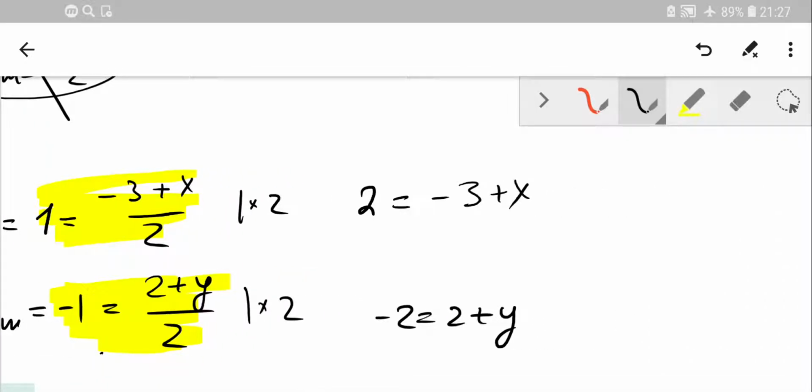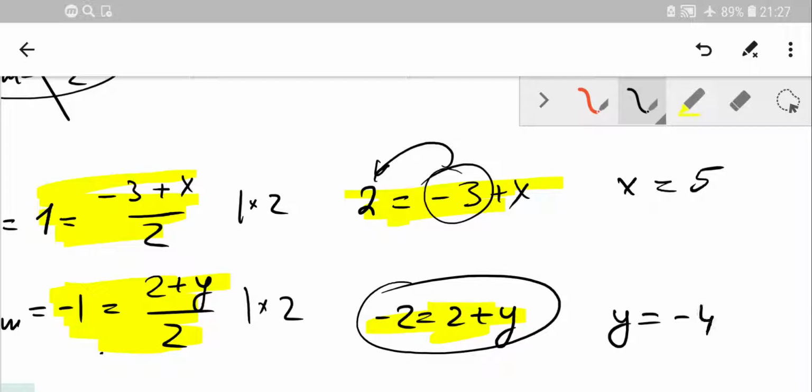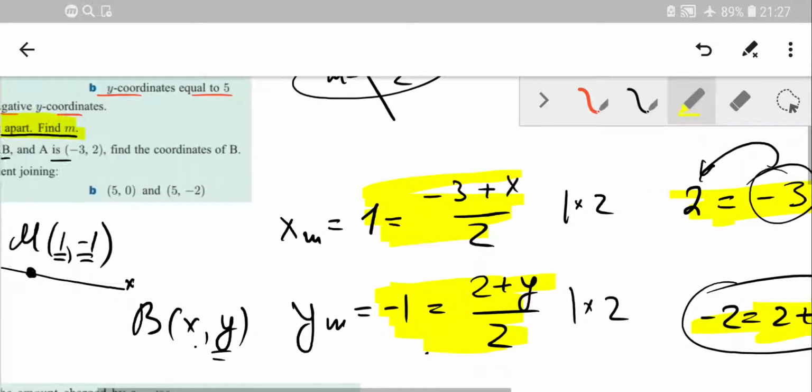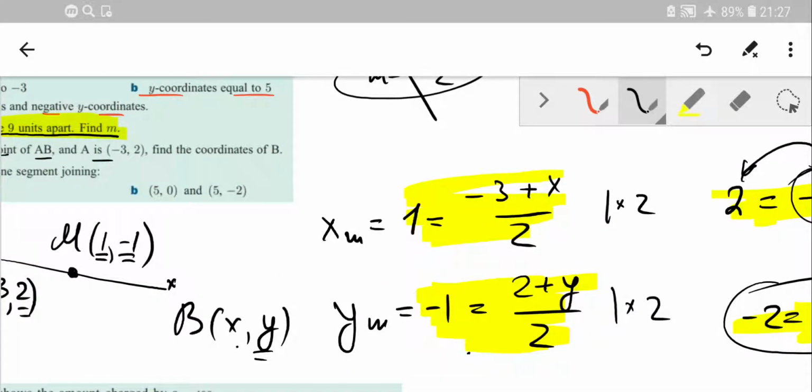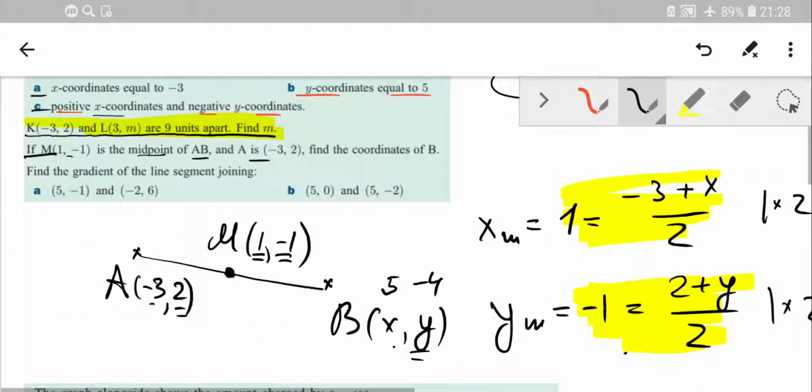From here I can figure out x to be 5, just simply transferring -3 to the left side and changing the sign, and for y we have -4. So we've got values 5 for x and -4 for y, so B is (5, -4). Yeah, that's correct.